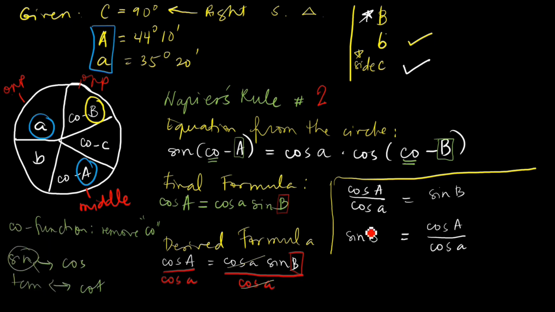Okay, then what we need again is angle B. So it means that the sine can be moved to the other side by applying inverse trigonometric.